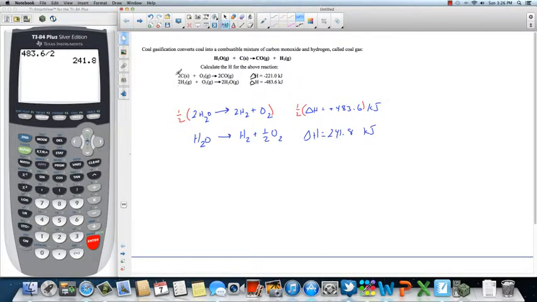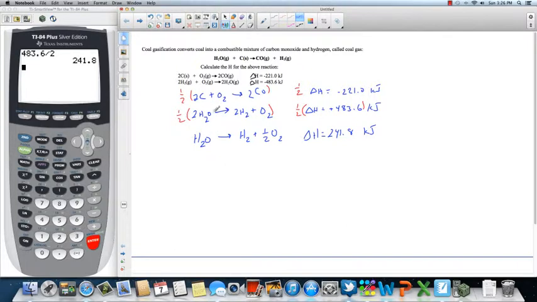What we're left with here is 2 C plus O2 yields 2 CO with a delta H equal to negative 221.0 kilojoules. But we want to divide that in half because we only want 1 carbon monoxide.